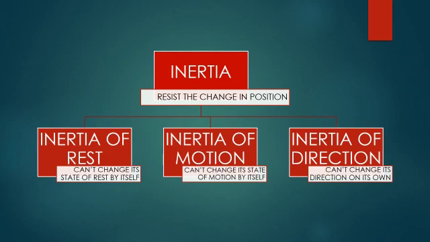If the object is not able to change its state of motion, then it is called inertia of motion. And if the object is not able to change its direction on its own, then it is called inertia of direction. So all these things depend upon the position of the objects here.